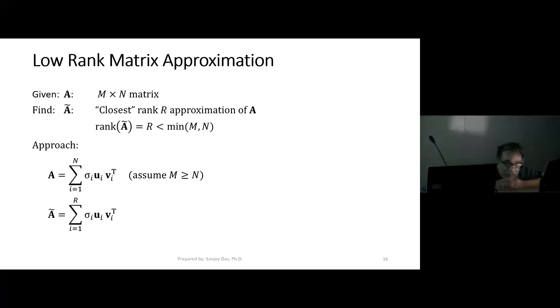Sigma 1 is high. Then the second term, sigma 2 u 2 v 2 transpose, will have the second highest weightage, sigma 2. Okay, and let's say sigma 20 is 10 to the minus 5 or minus 6, so very negligible. So it will hardly make a difference when we add the corresponding u i v i transpose, right?